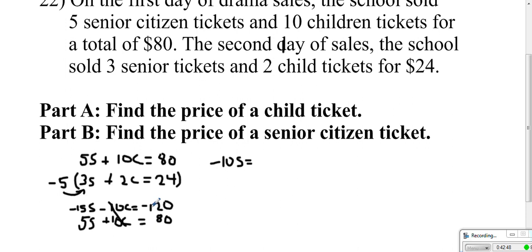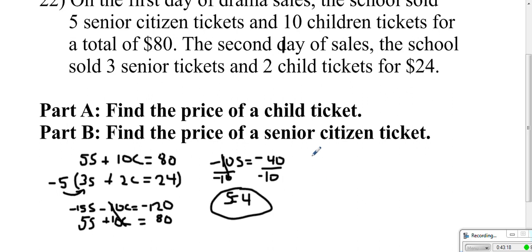Negative 120 plus 80 is going to be negative 40. So we're finding the price of a senior ticket right now by dividing by negative 10 on both sides. So the price of a senior ticket is $4. Senior ticket's $4.